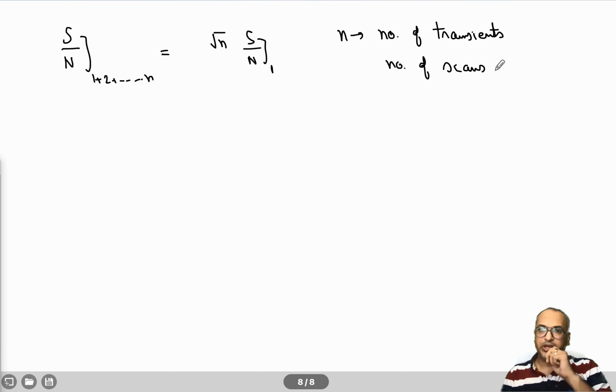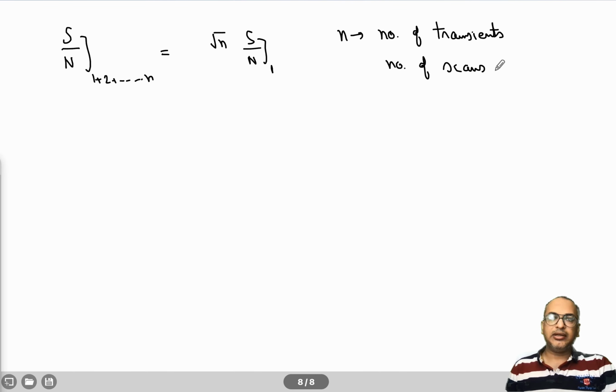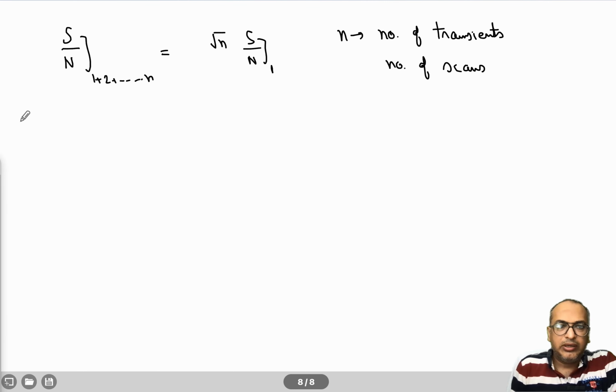Okay, so that's why the signal averaging concept is also important, and we need to understand how many times you need to record a particular experiment and average over all the experiments, so that the signal increases by what number of times, right?